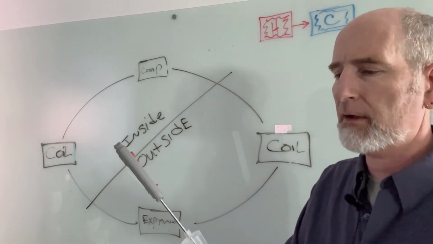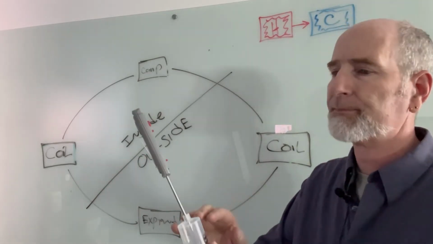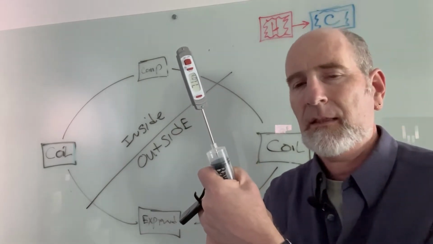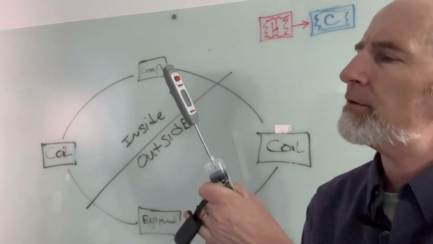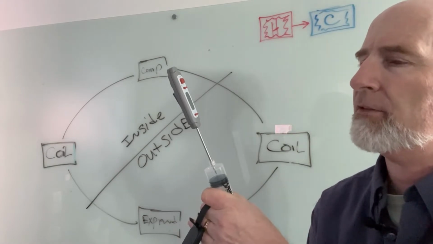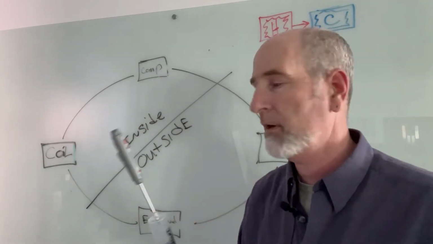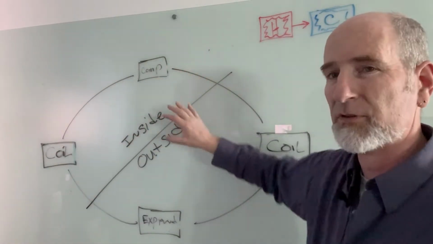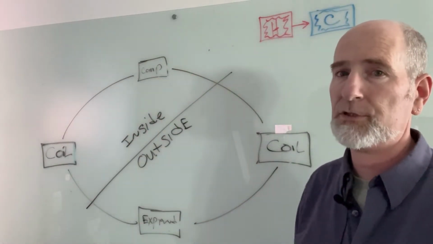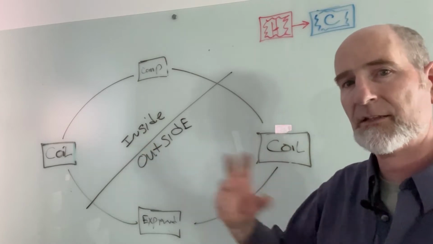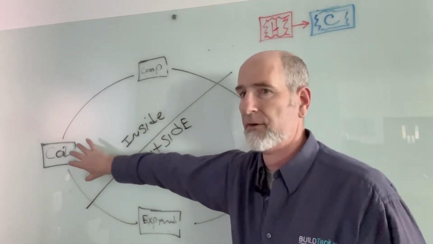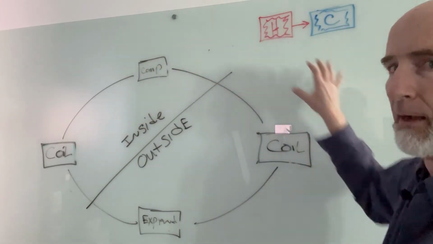The temperature of the air inside this plunger is now at 71. So I'm going to plunge this down here, and I'm going to increase its temperature. Now it's at 73, it's at 74 degrees now. And that's a small example. These systems are able to really exaggerate the temperatures in order to transfer the energy from one location to the other. So I've taken energy from inside my house to outside the house.